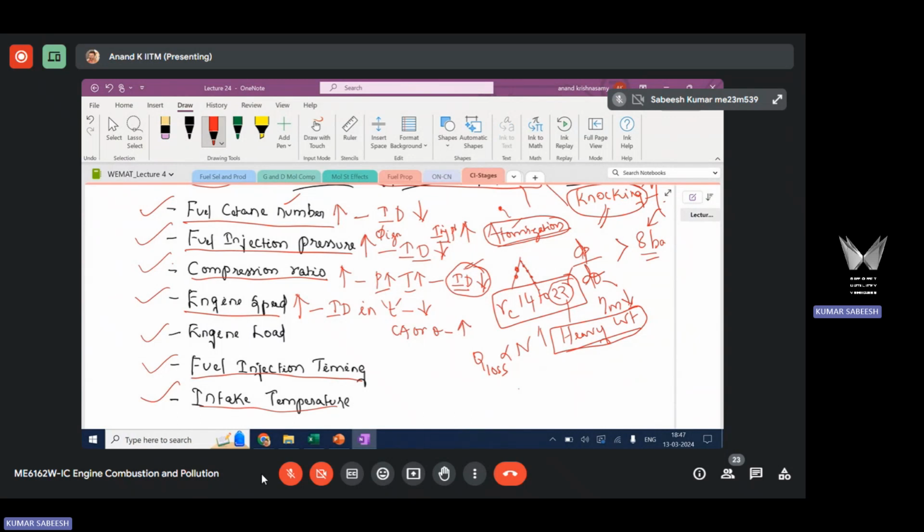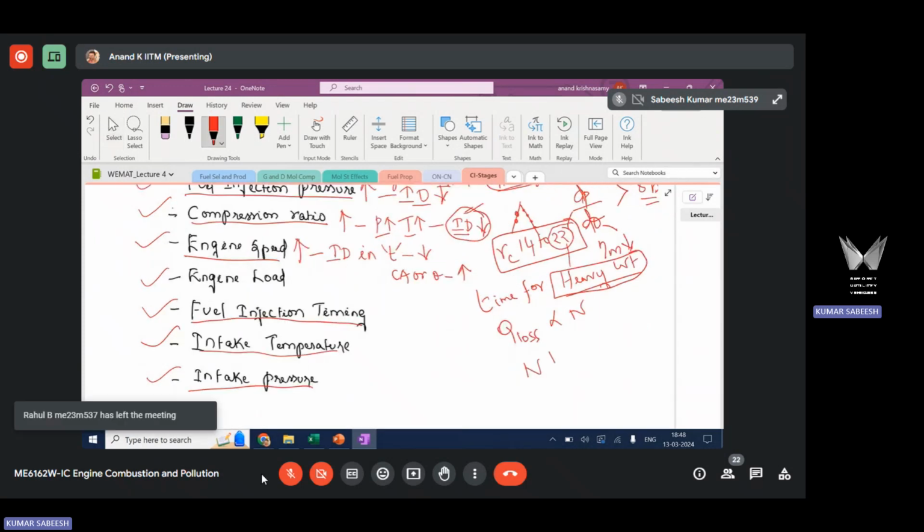So when you run the engine at a higher engine speed, when this N is high, will the time available for heat loss increase or decrease? This is inversely proportional. The time will decrease.